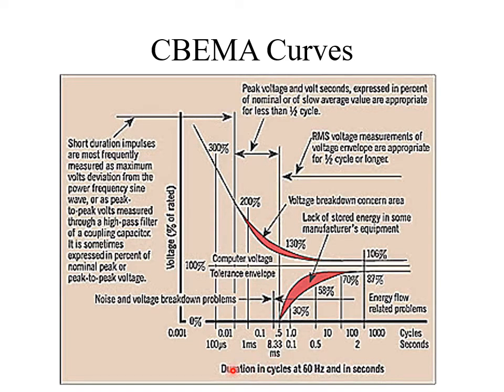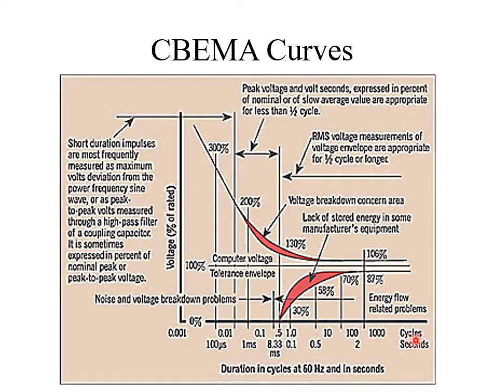Here also you can see the horizontal axis representing the duration in terms of both cycles and seconds. This is 0.01 cycle, this is 0.1 cycle, 0.5 cycle, 1 cycle, then 10 cycles, 100 cycles, 1000 cycles.